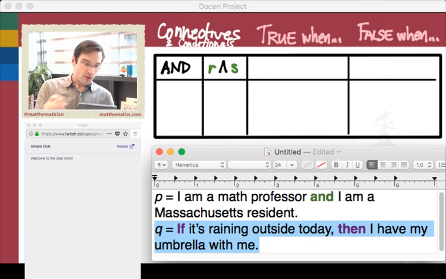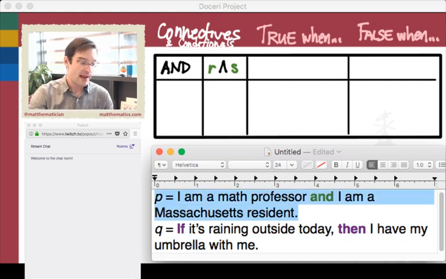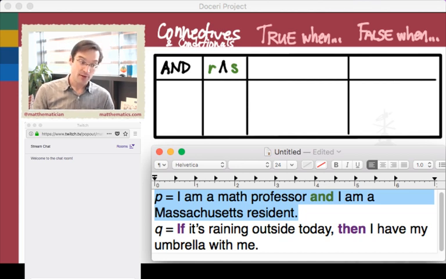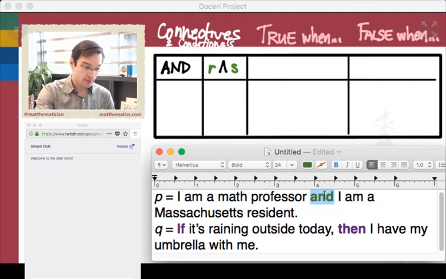So coming back to my P proposition here, I'm a math professor and I'm a Massachusetts resident. I march into court and I claim that this is a true statement. What is my burden of proof? Well, when the word "and" is in my proposition, this means that in order to prove the statement true, I need to show that two things are true.